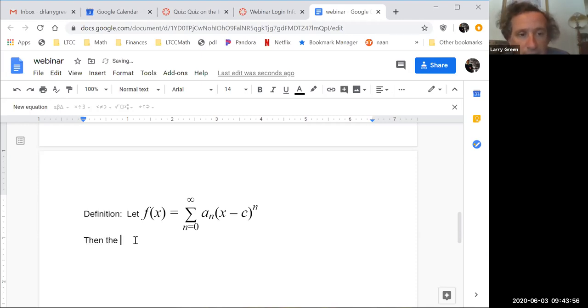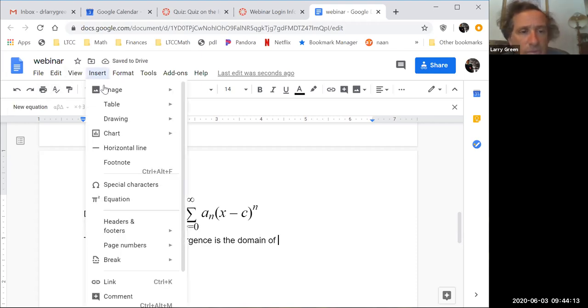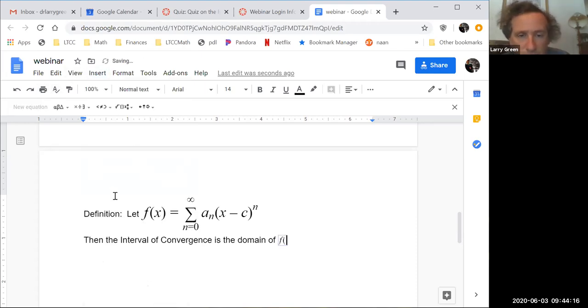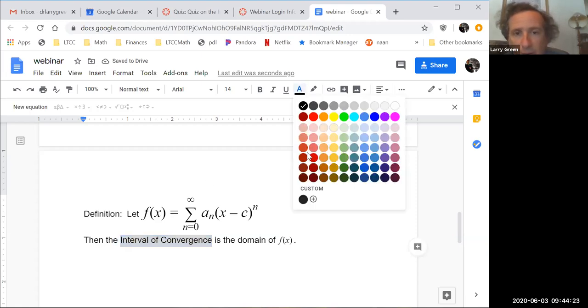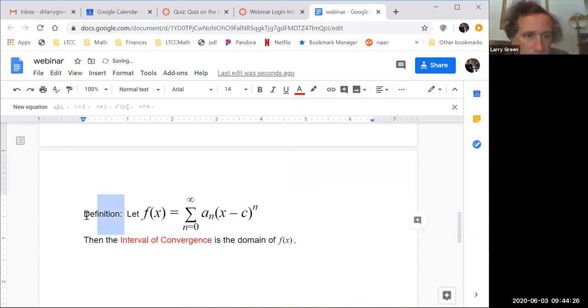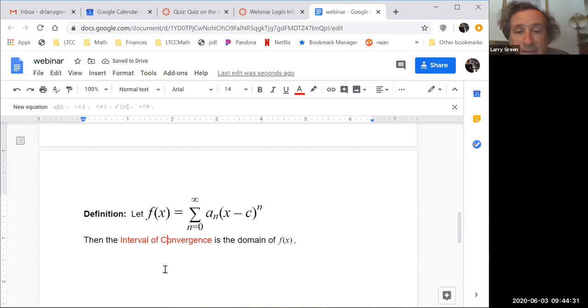Then the interval of convergence is the domain of f of x. Any questions on this definition?